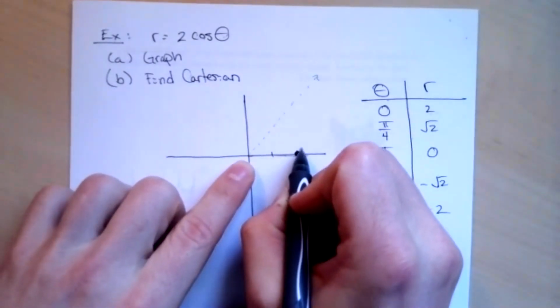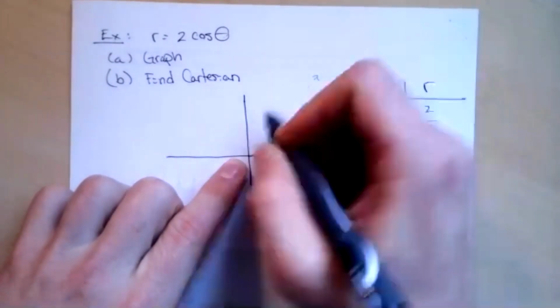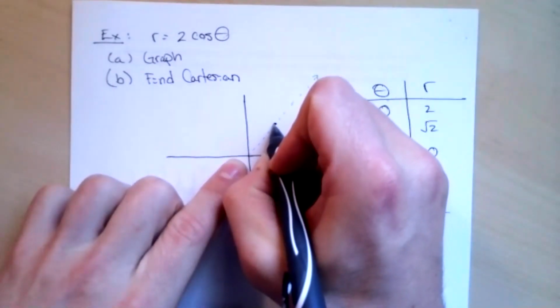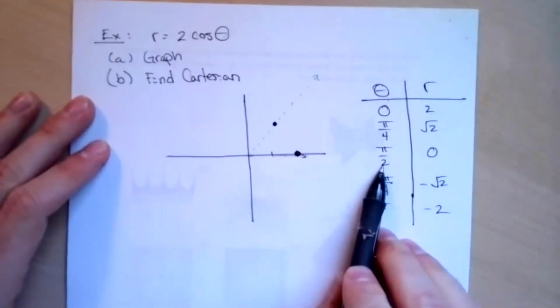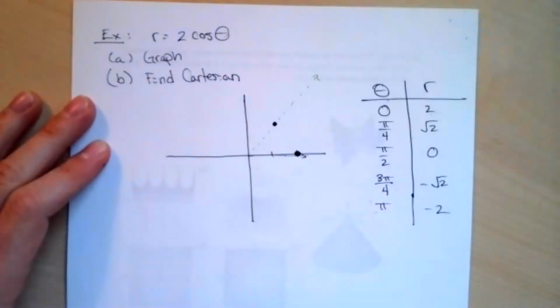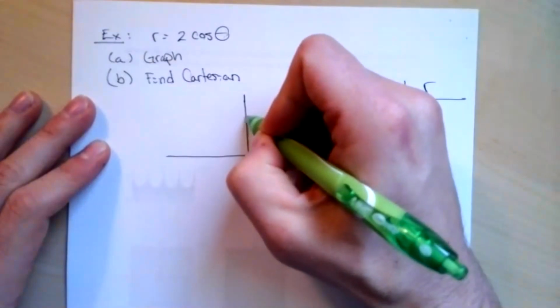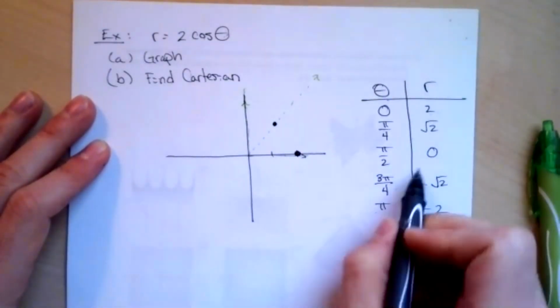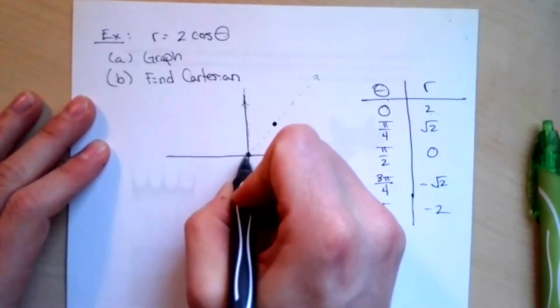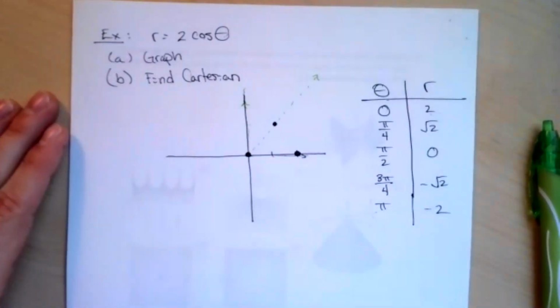So it's going to be shorter than this distance. It's actually going to be maybe there. And then at pi over 2, theta is pointing upward. But the radius we're at is 0, meaning that's going to force us to come all the way back down.